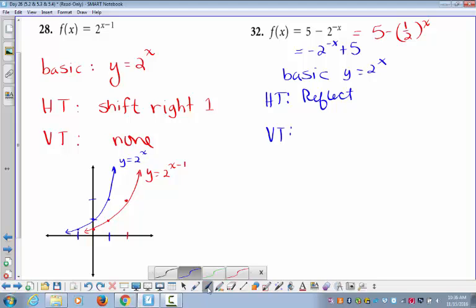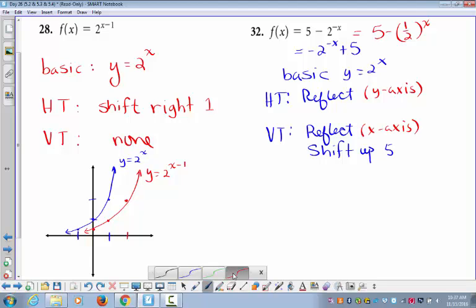And then our vertical transformation, left to right, reflection. And then there's no stretching because there's no multiplier right there. And then we have a shift up. So this reflection is through the y-axis up here, horizontal reflection, and this one is through the x-axis.